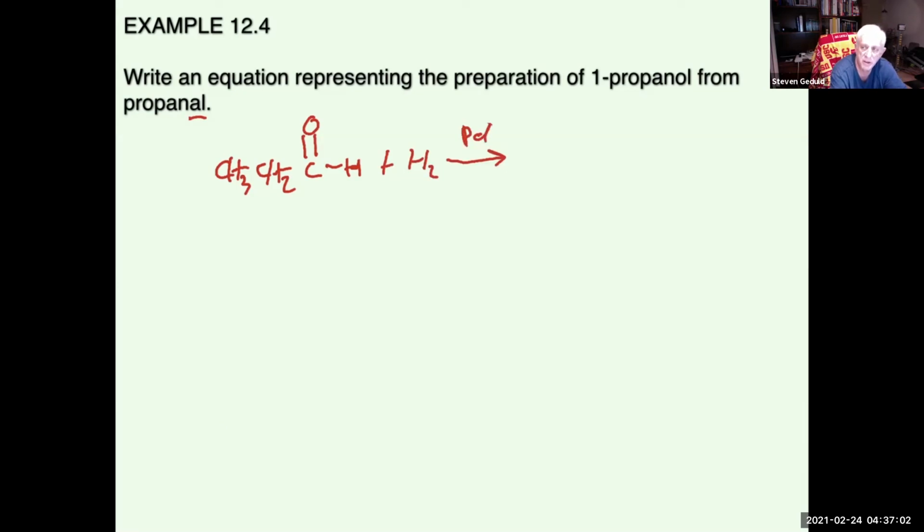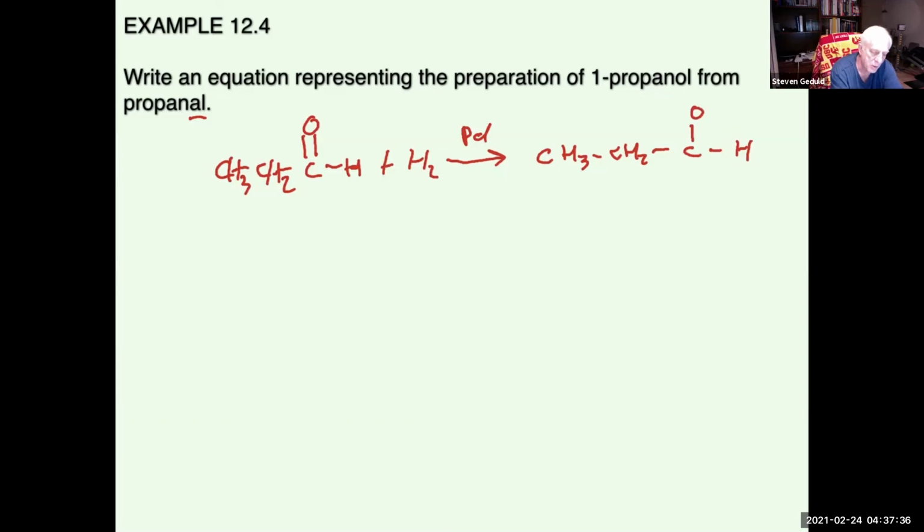So far, so good. Okay, that's the starting point. That's our propanal. To get propanol, we have CH3, CH2, C, and we open up the double bond. There's our double bond opened up now, and we're going to add hydrogen to both sides of the double bond.